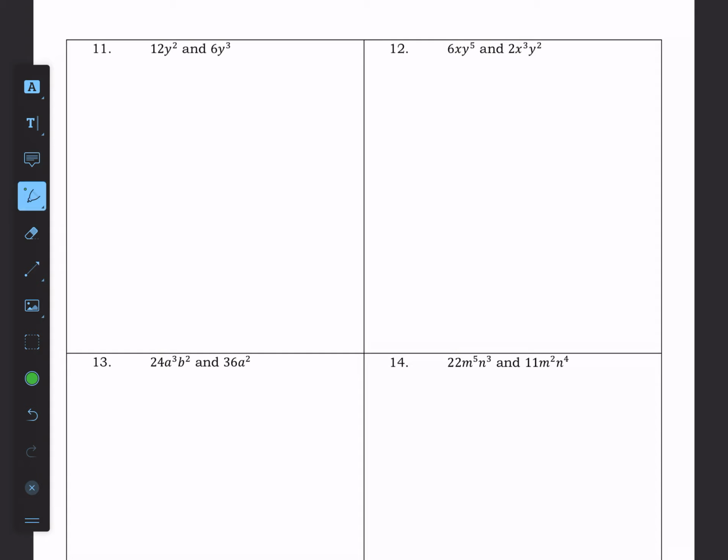All right, so now let's look at number 11. We've got 12y squared and 6y cubed. So let's first just focus on the 12 and the 6. Our factors of 12 are 1 and 12, 2 and 6, and 3 and 4. Now let's look at our factors of 6. So we've got 1 and 6, 2 and 3.